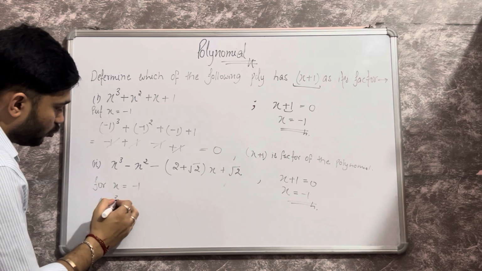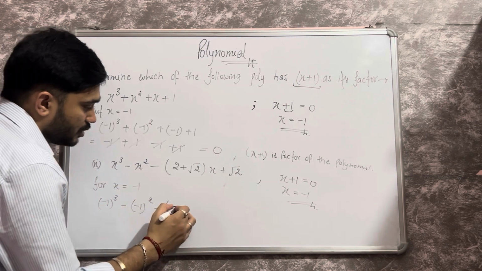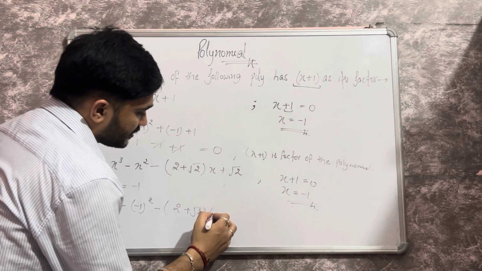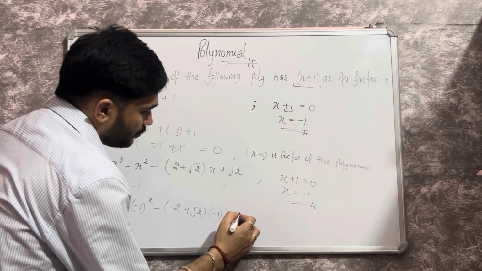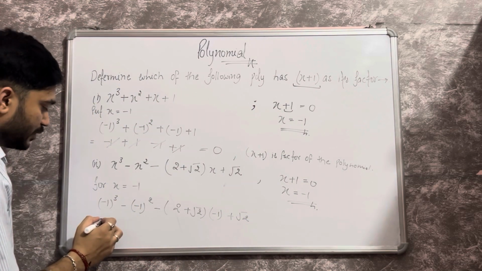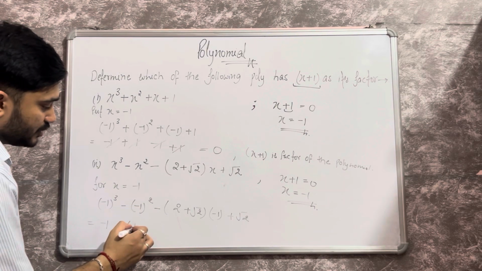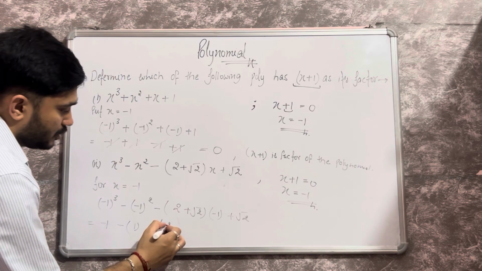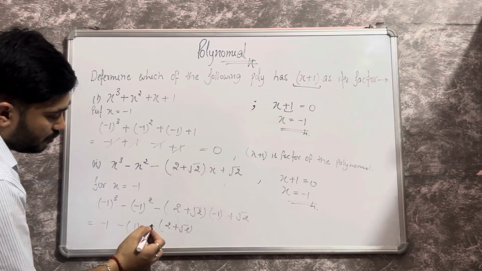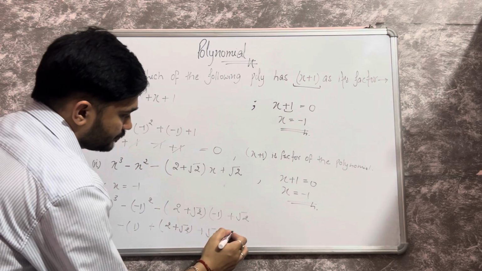Minus 1 cube minus minus 1 square minus 2 plus under root 2 x, where x is minus 1, plus under root 2. So minus 1 cube is minus 1, minus minus 1 square is 1, minus 2 plus under root 2, and minus 1 into minus is plus, and plus 2.